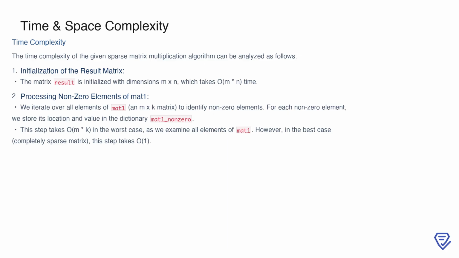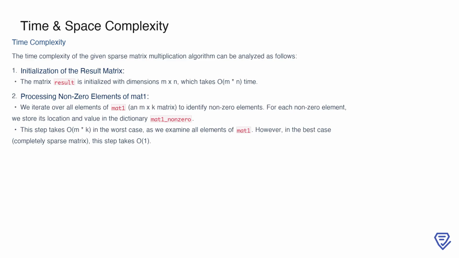To analyze the time complexity of our sparse matrix multiplication algorithm, we begin with the initialization of the result matrix. The result matrix has dimensions m by n, and initializing it with all zeros takes m * n time. Next, we process the non-zero elements of the first matrix, mat1.